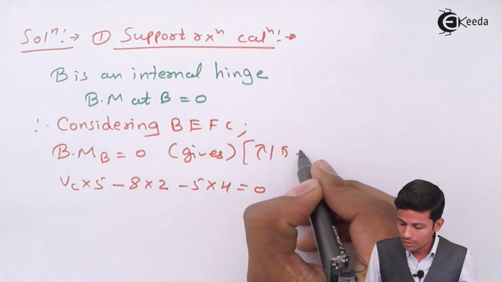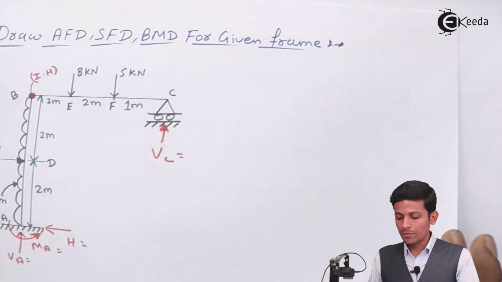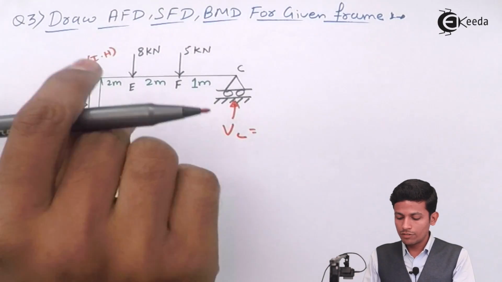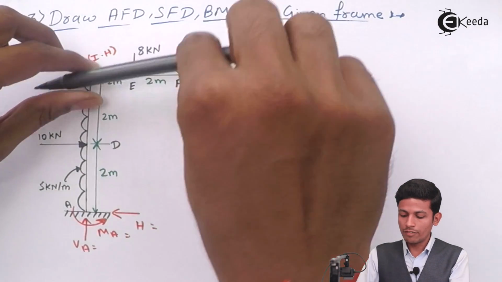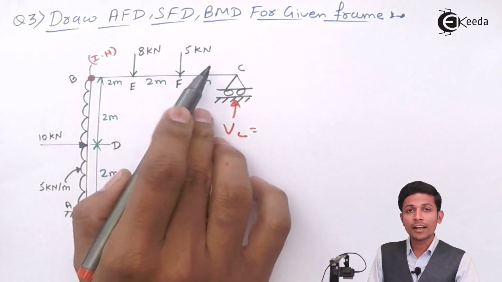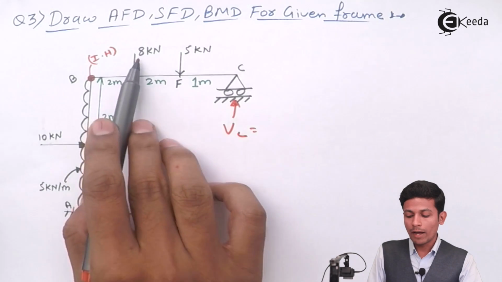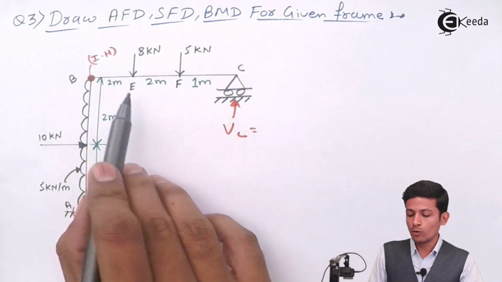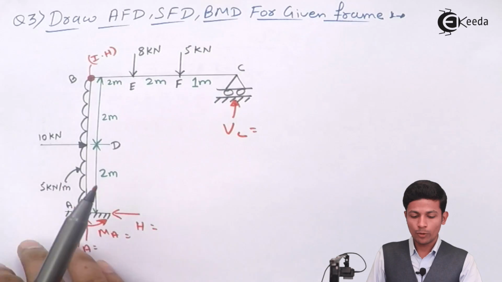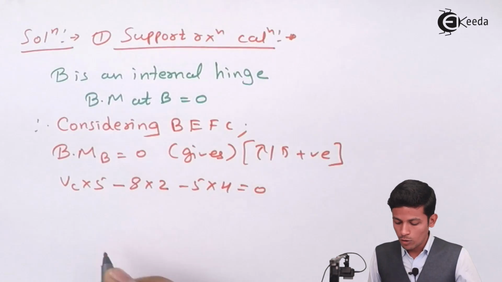This VC will go from the section like this, this is positive, and these both will go like this, so they are negative. Minus 8 into 2 minus 5 into 4 plus VC into 5. Now while solving this you get the value of VC.